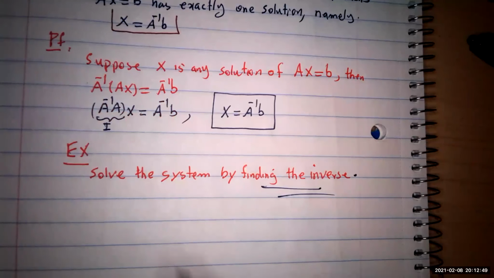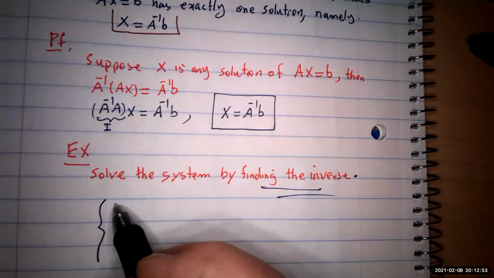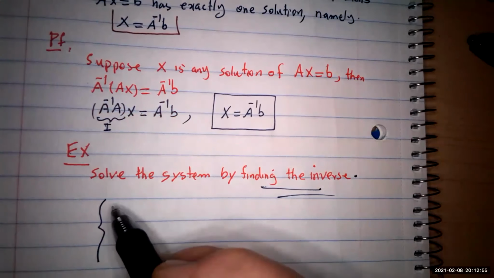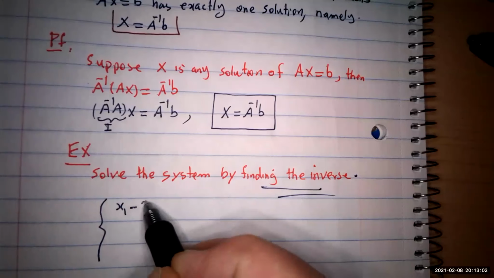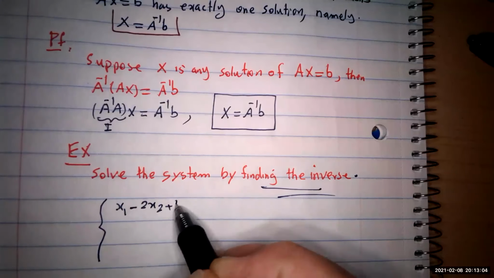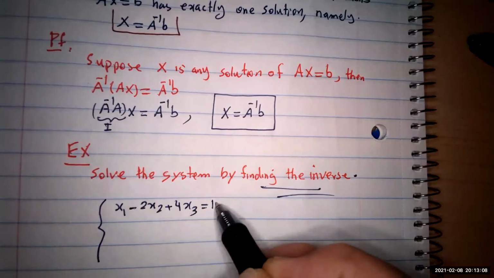Okay, so what is going to be the system in question? This is going to be a system of equations that is given. Okay, this is it. The system is x1 minus 2x2 plus 4x3 is equal to 12.